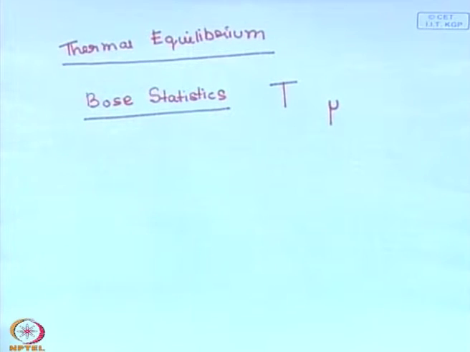Now, photons are not conserved. That is something I should have mentioned right in the beginning. Photons can be destroyed and created, so the number of photons essentially adjusts itself to the temperature. Depending on the temperature, the number of photons will go up or down.